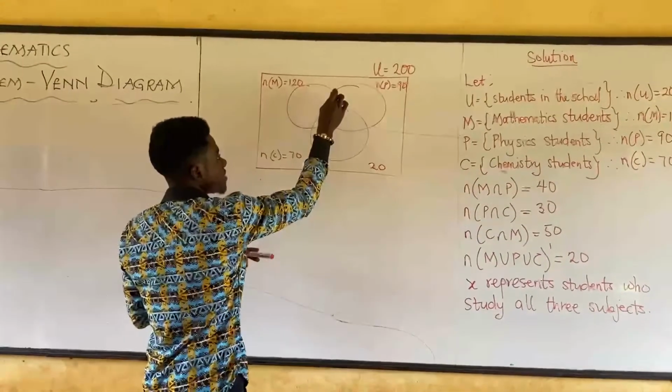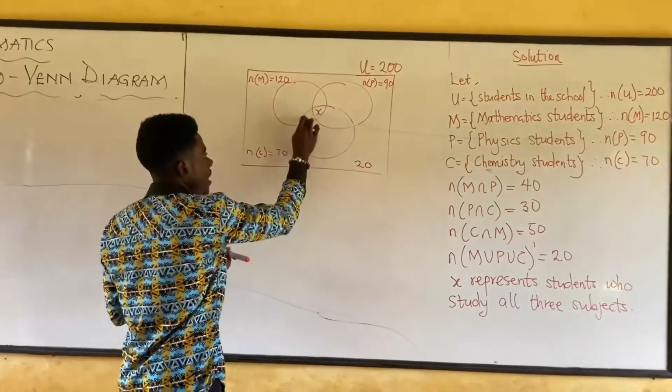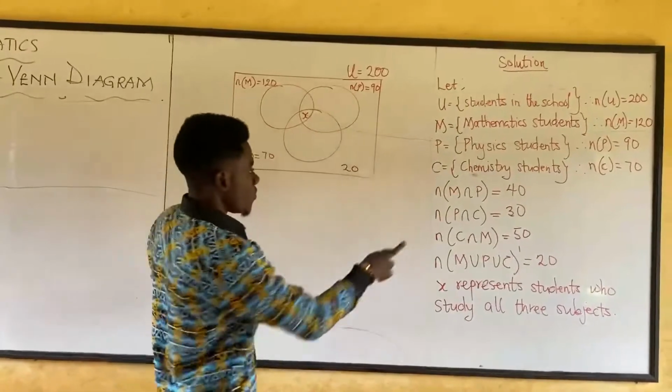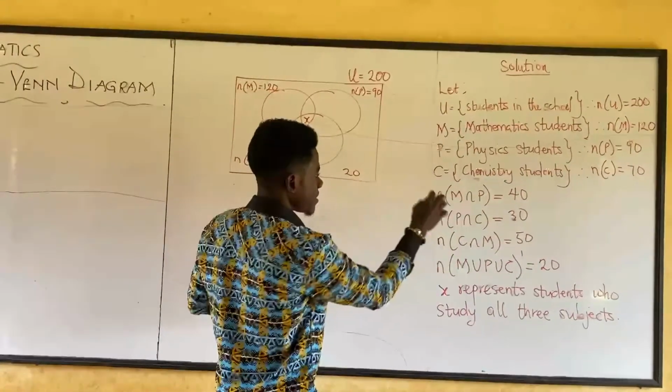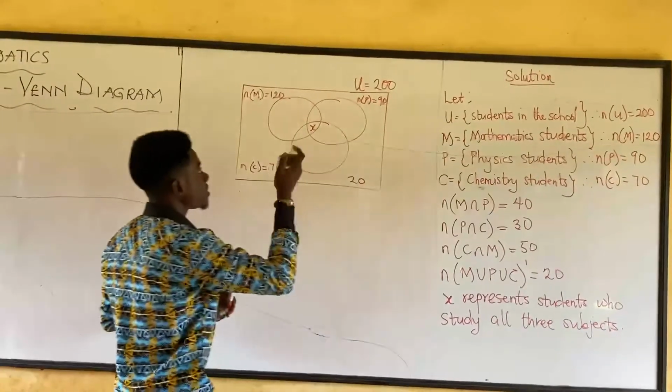So you just find the variable or the value for this side, you come to this portion, then you do for this portion.